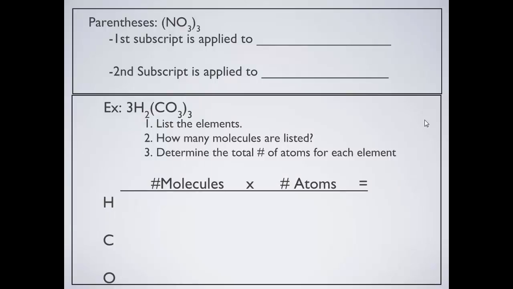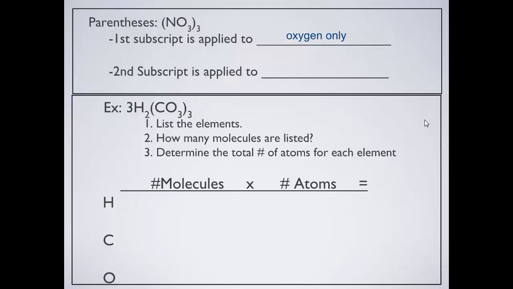Because when we're using radicals in our compounds, remember a radical is a group of elements that act as sort of one element, like nitrate here. So when we look at this radical, what is this first subscript? What does that apply to? This first three, what's that go with, Jake? Yeah, that just goes with the oxygen.